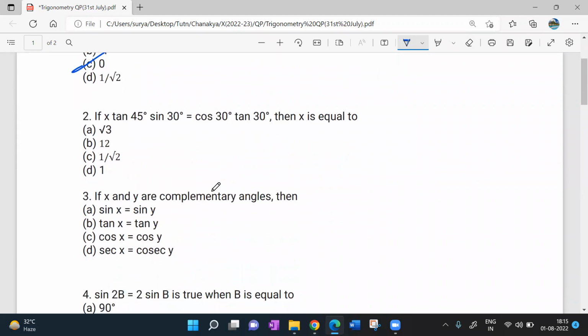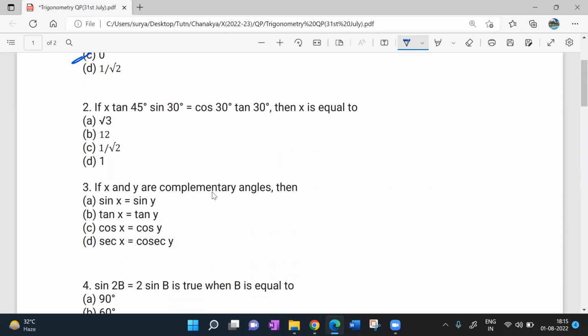x into tan 45 is equal to, into sin 30. Just what you need to do here, then we have to find the value of x here. X into tan 45 is 1, sin 30 is 1 by 2, cos 30 is root 3 by 2. So 2 will get cancelled.